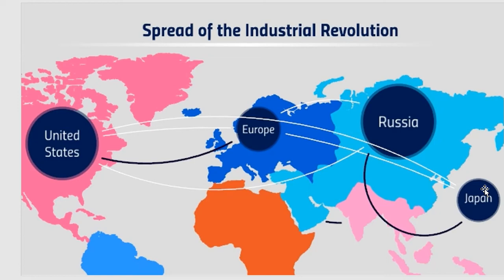First, I'm just talking about how industrialization came into the country called Japan. In 1853, an American naval commander, Matthew C. Perry, reached the Japanese coast.